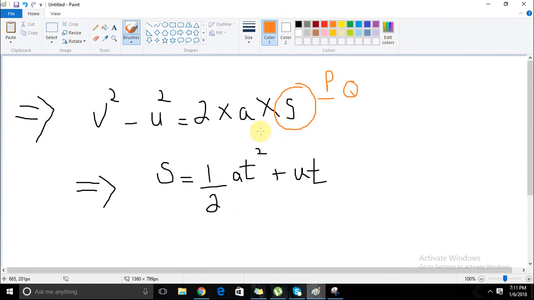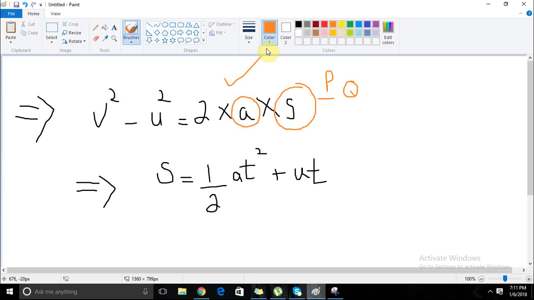So we need to keep the acceleration constant, the overall acceleration of the setup, and for that we need to keep the mass of the wooden block as well as the mass of the falling body constant.